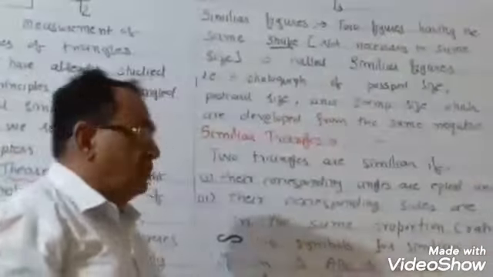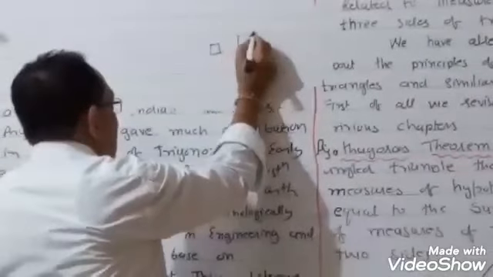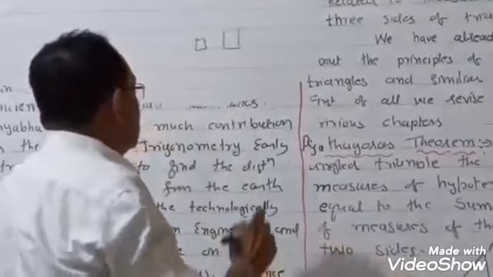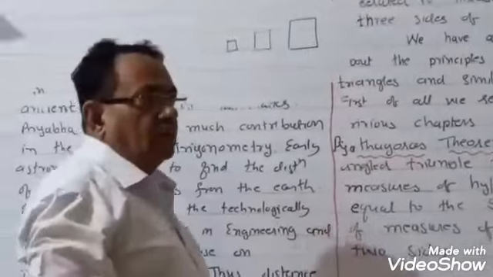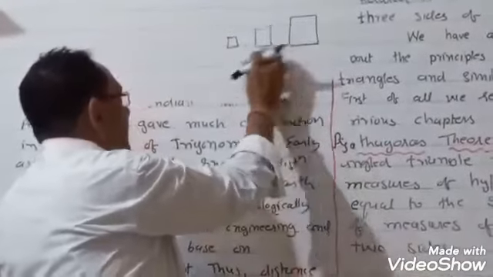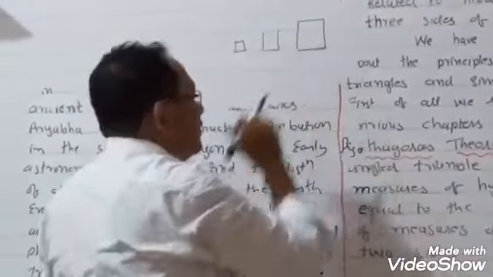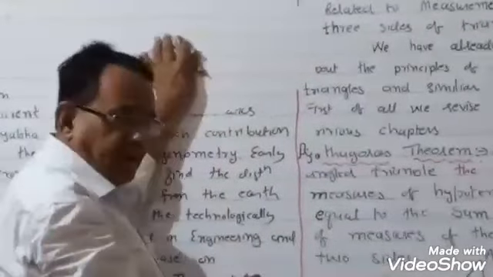Suppose I have taken 3 photographs: one is stamp size, second is passport size, and third is postcard size. I have developed them from the same negative, then these 3 are known as similar figures.